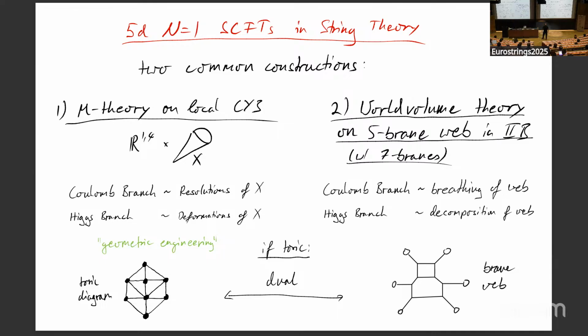We'll see an example later. If we're dealing with a toric Calabi-Yau threefold, then there's a very nice duality to a very specific brane web. There are so-called toric brane webs, and then there are others. If everything is toric, then it's super nice to match these 2 approaches. This is also the realm that we will be in, but then leave by Higgsing.